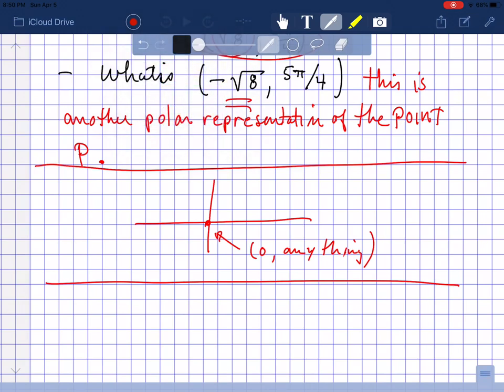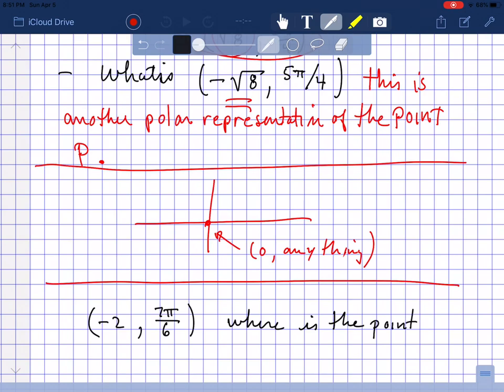All right, let's take a look at some problems. So let's suppose we have, I don't know, let's make it minus 2, comma, 7 pi over 6.